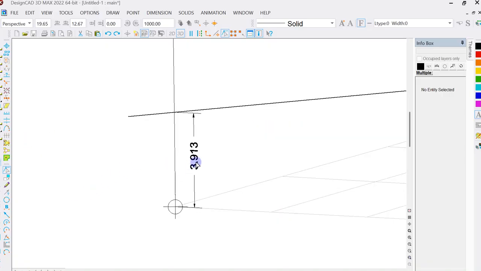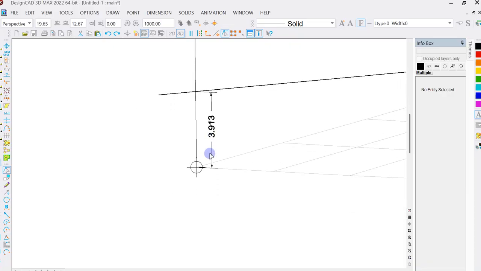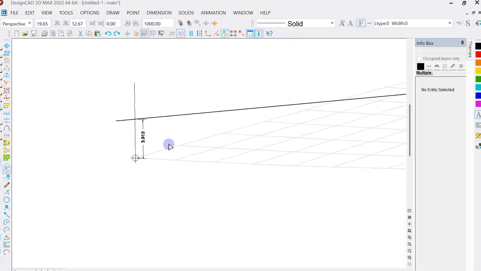You're going to subtract that number from the height of instrument. So the 104 is the height of instrument minus 3.913, and the decimals are usually going to be just within hundreds for elevations, unless you're actually transferring benchmarks.